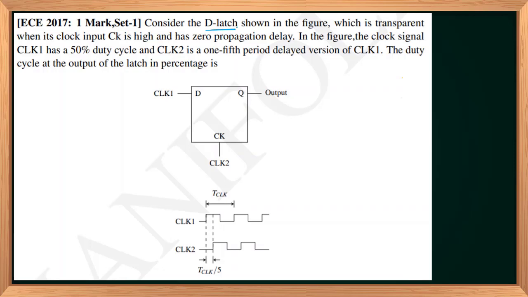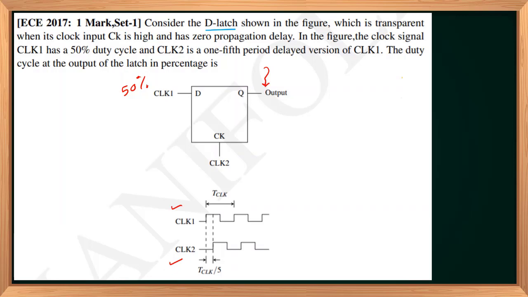In the figure, the clock signal clock 1 has a 50% duty cycle, and clock 2 is a 1/5 period delayed version of clock 1. Shapes are similar, and it is shifted by T clock by 5, that is 20% of the time period. The duty cycle at the output of the latch in percentage is asked.